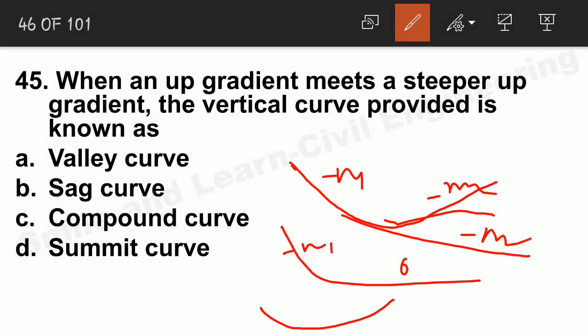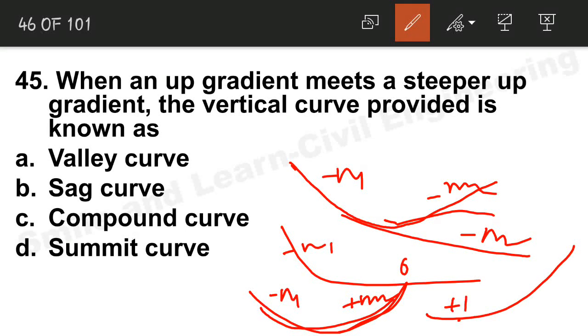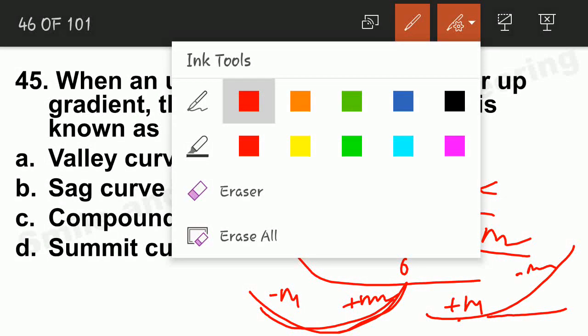And the last one is plus n1 to minus n2. Okay, so these are the things, just remember.